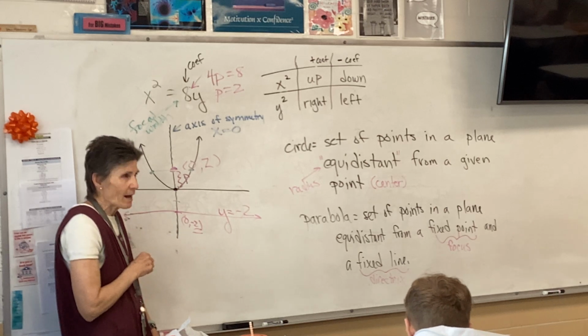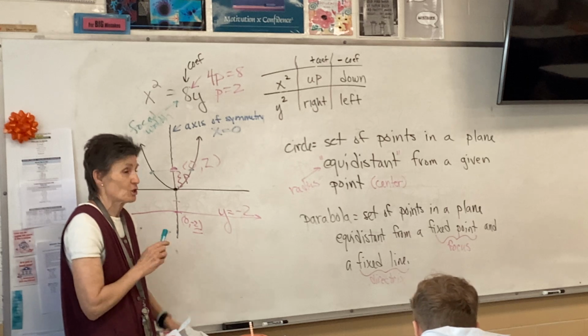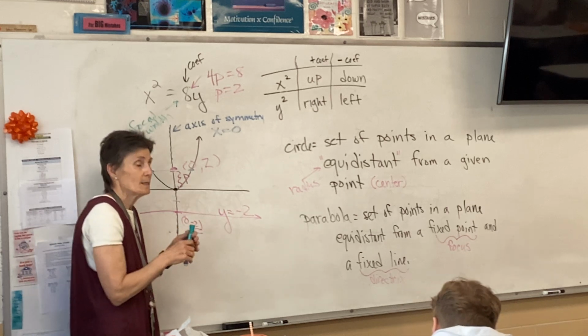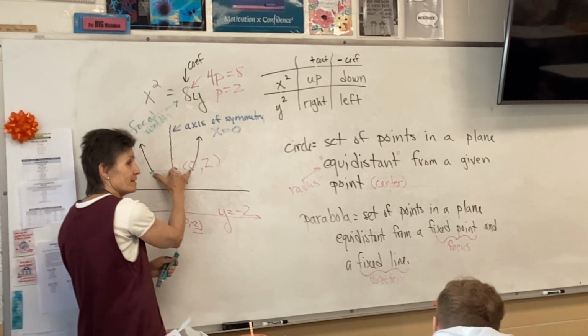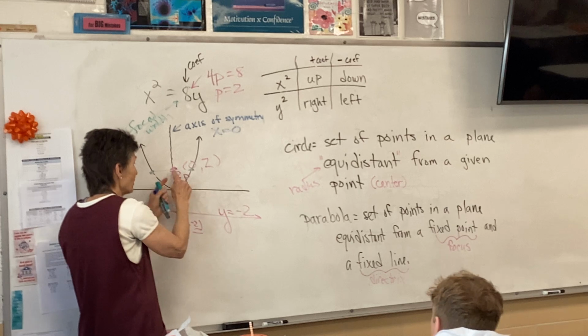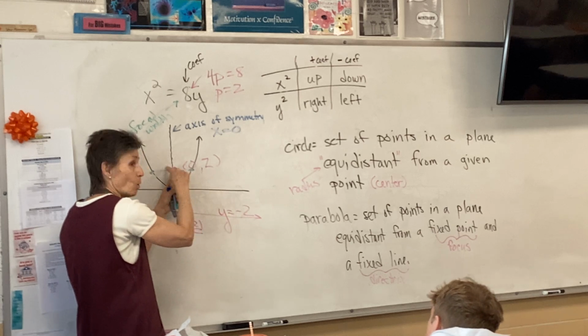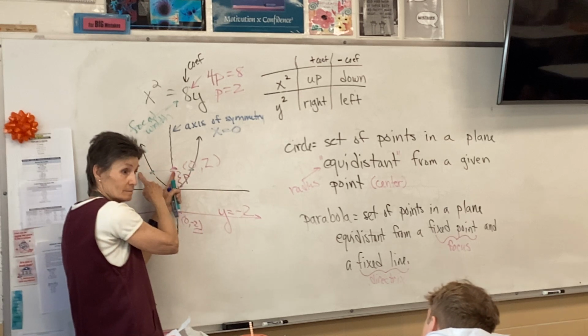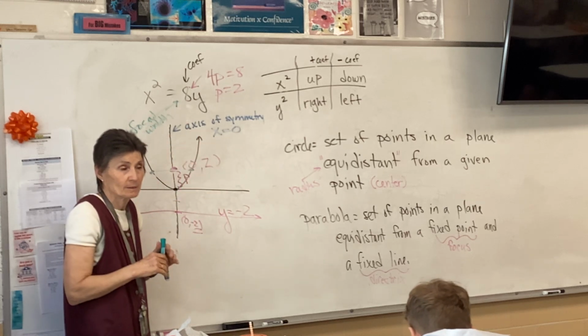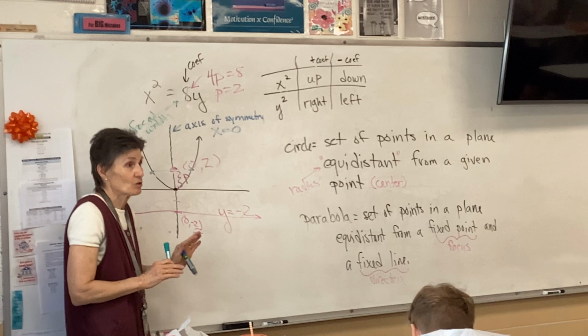If you wanted to graph this really carefully, which you don't have to ever for me, but if you wanted to, once I know the focal width is 8, then that would tell me to start here and count back and forth 4, and then I would have a nice, perfect parabola. I'm never grading your picture, guys.